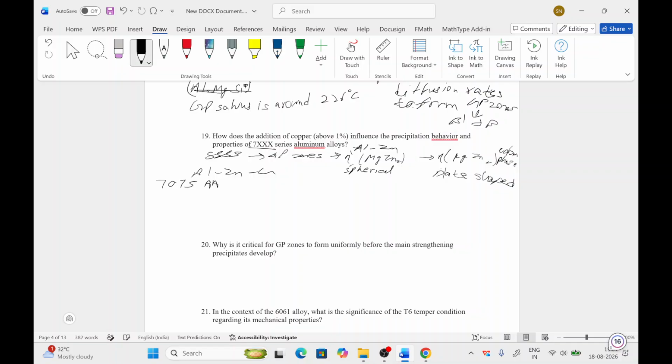Its composition is aluminum with 5.6 zinc, then 2.5 magnesium, 1.6 copper, and 0.23 chromium.